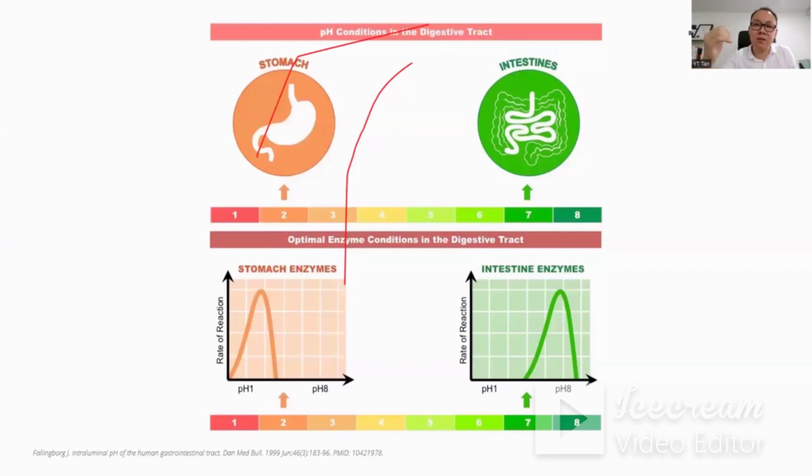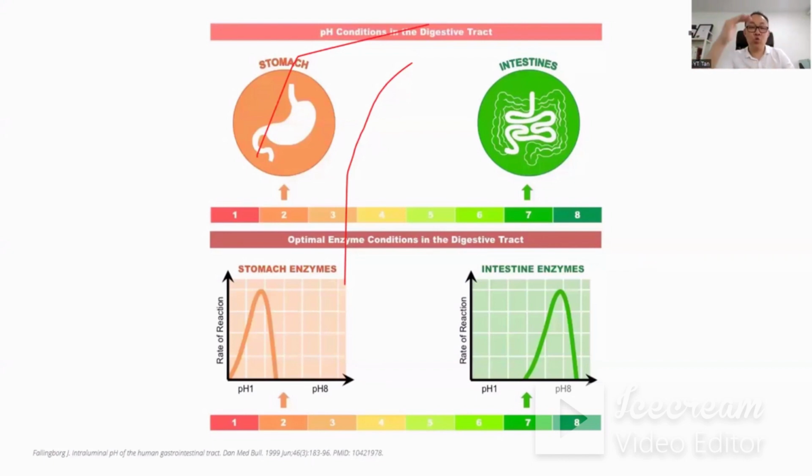So in our small intestine and the colon, it shall be in a very alkaline situation, about pH 7.5 to 8.